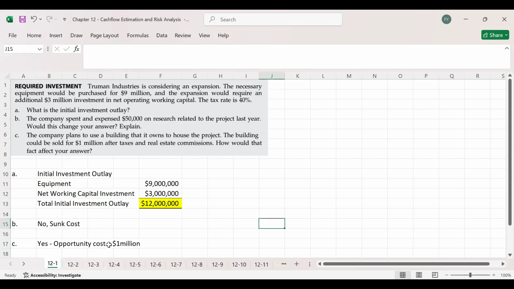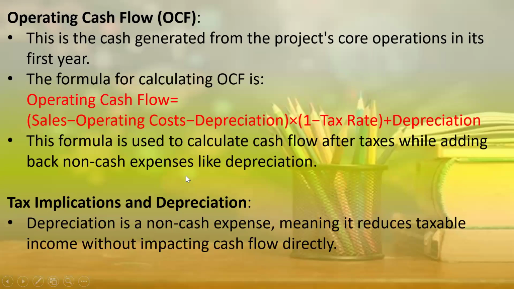So that's it. This is problem 12-1. Before starting 12-2, we will discuss one more thing, which is operating cash flow. We should know what operating cash flows are. This is the cash generated from the core operation of the business. The formula to calculate operating cash flows is sales minus operating expenses minus depreciation.